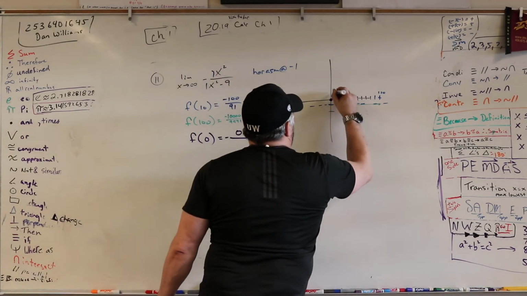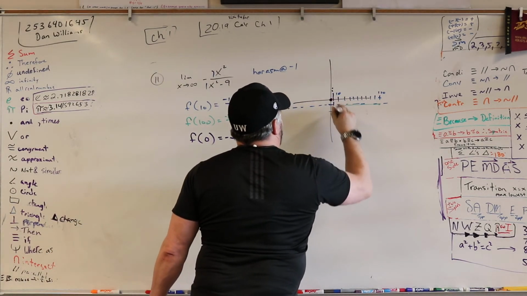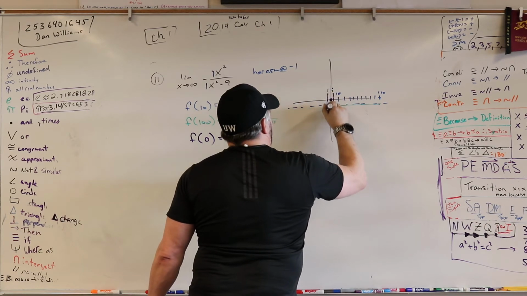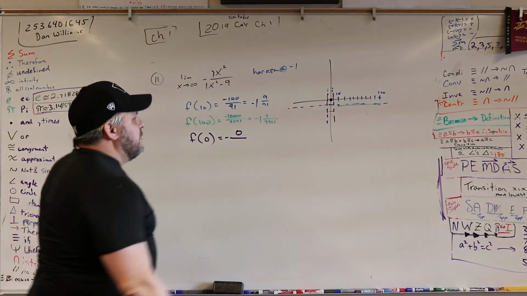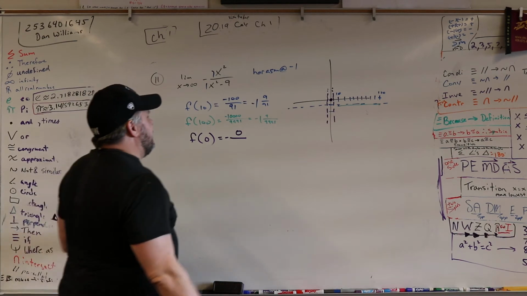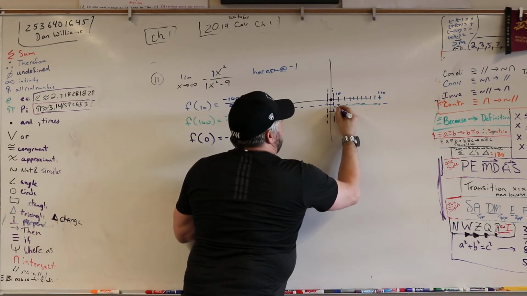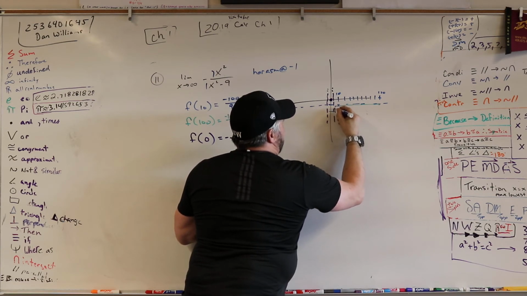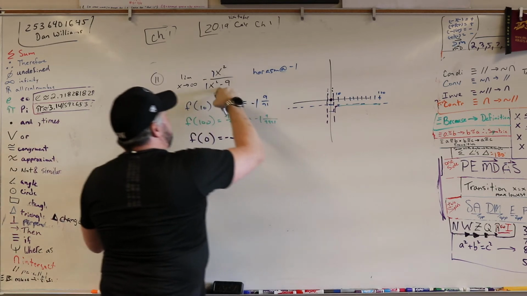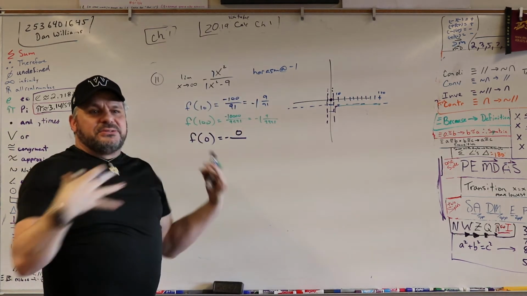So at 3 there's an asymptote, and at -3 there's an asymptote. And so something's going to happen. Now, as we get close to 3, what happens? That's the problem right there. What's going to happen at 3 is it blows up.